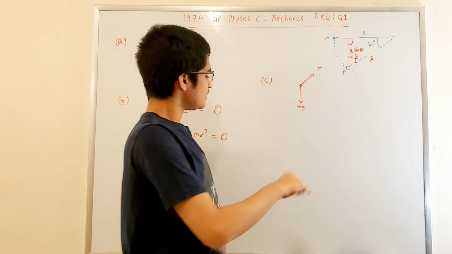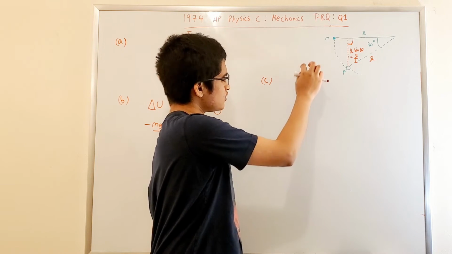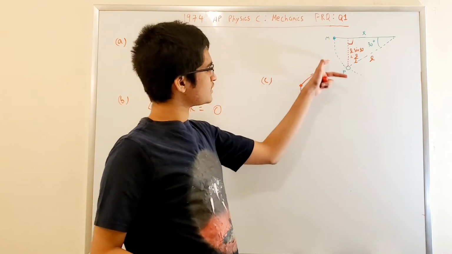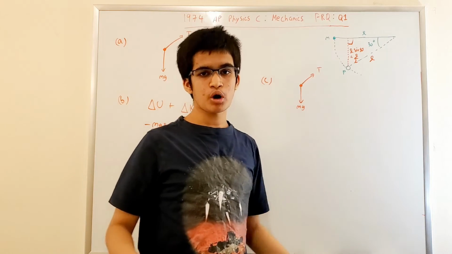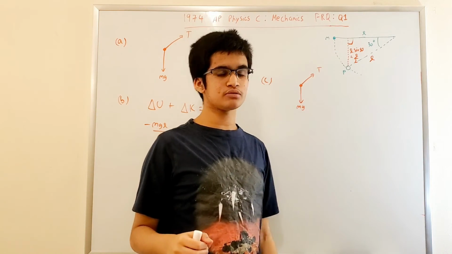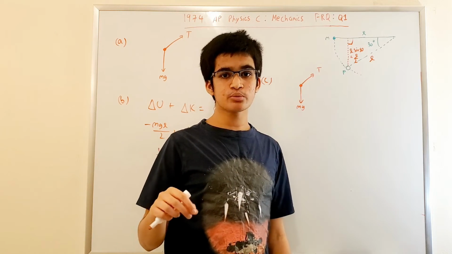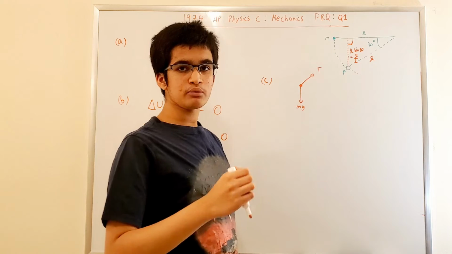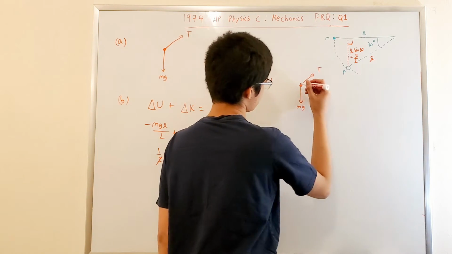Now it might be intuitive to split T into its components, but that's not going to help here. The reason is we know that this object is undergoing circular motion, so it's probably best to resolve all the forces in the directions perpendicular to the radius of the circle and parallel to the radius of the circle. So what we will do is split mg up into its components.